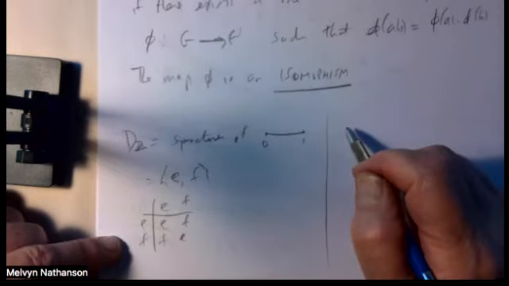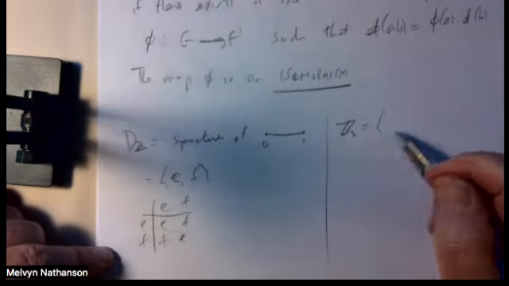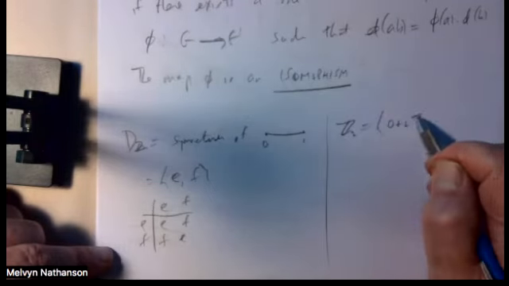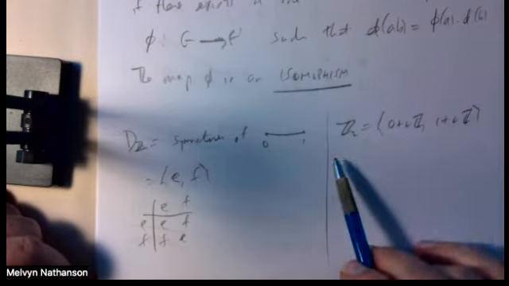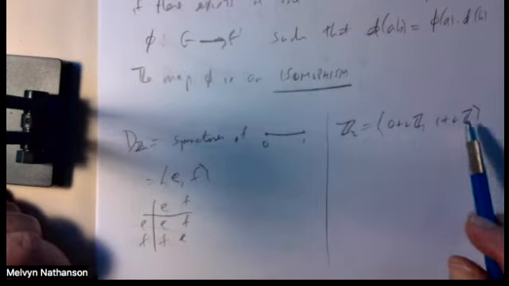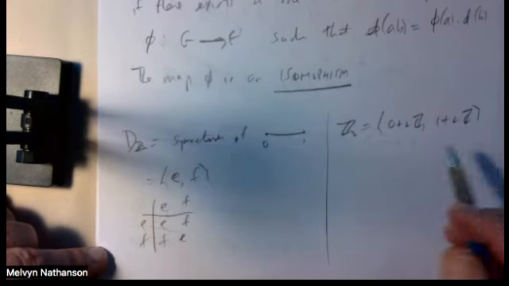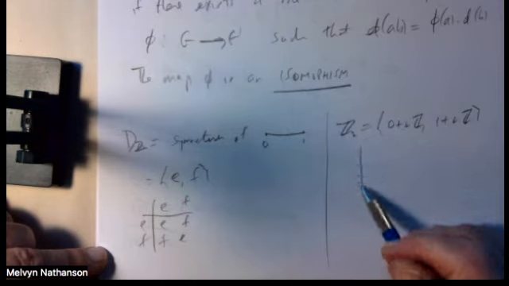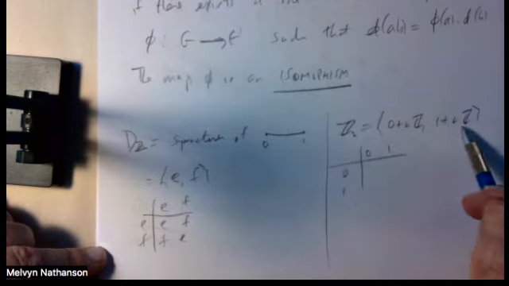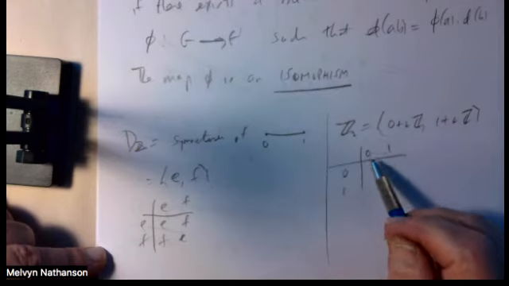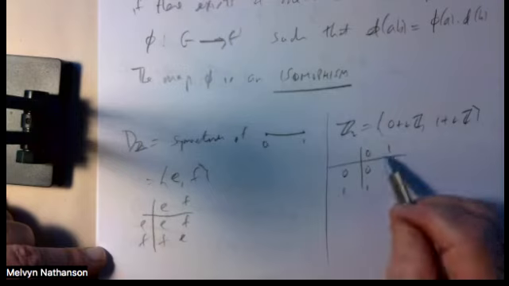We also have the additive group of congruence classes mod 2: 0 plus 2Z and 1 plus 2Z. This is the set of even integers, this is the set of odd integers, with the operation of addition. In the addition table for this group, I just write 0 and 1 for 0 plus 2Z and 1 plus 2Z. Even plus even is even, even plus odd is odd, odd plus even is odd, odd plus odd is even.